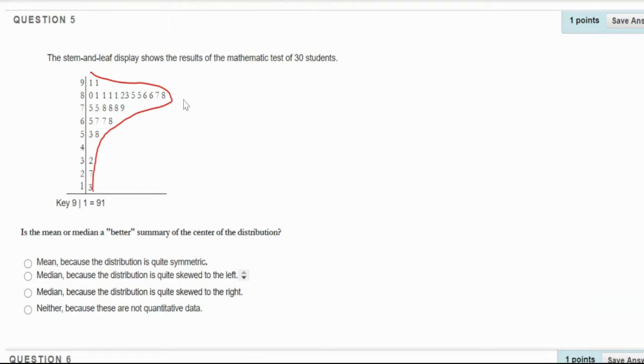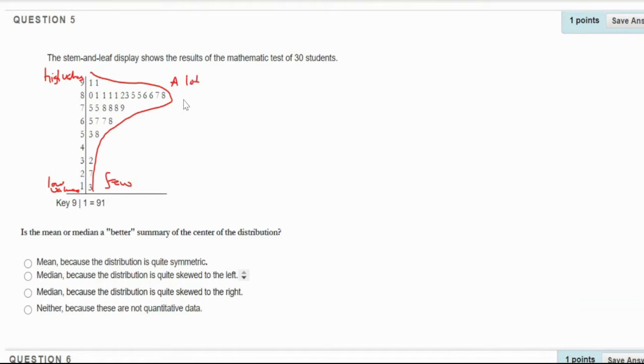These are the high values, high values are up here, and these are the low values, right? And then you have few low values, and then we have a lot. So a lot of high values.